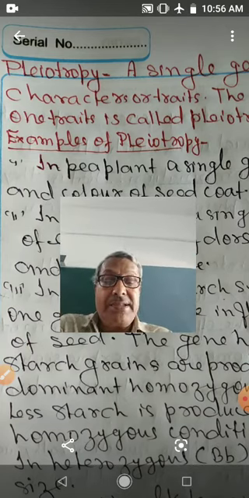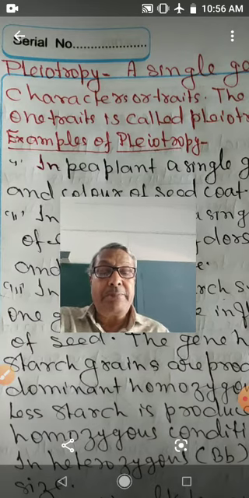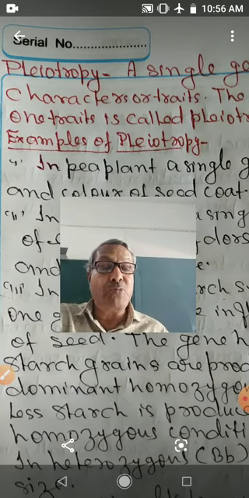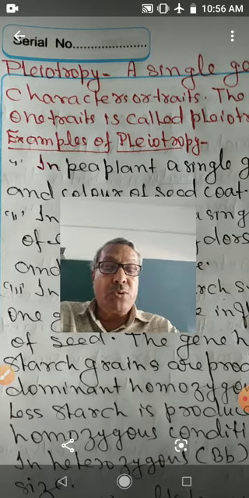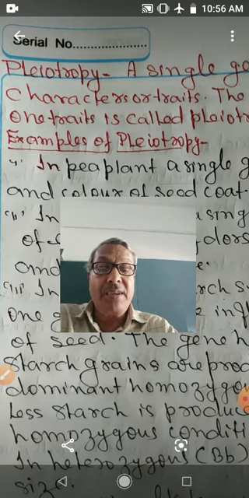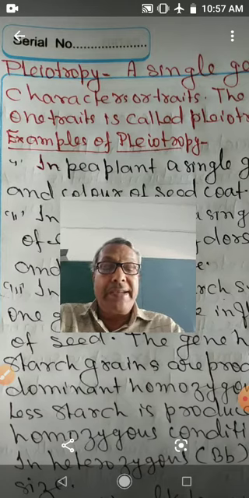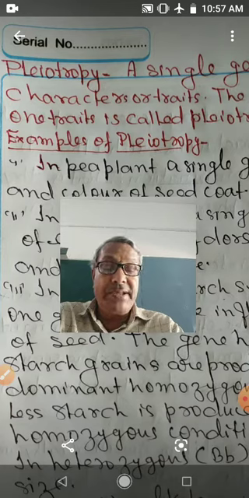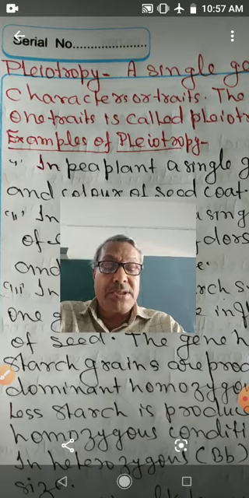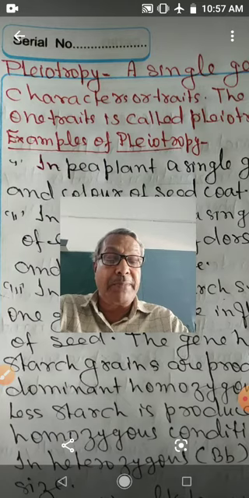Other example is the disease phenylketonuria in human beings. It is due to mutation of a gene that codes for the enzyme phenylalanine hydroxylase. Phenylalanine hydroxylase enzyme converts the amino acid phenylalanine to tyrosine, and this tyrosine is used for the formation of melanin pigment.